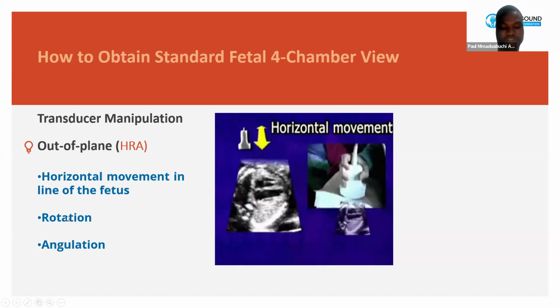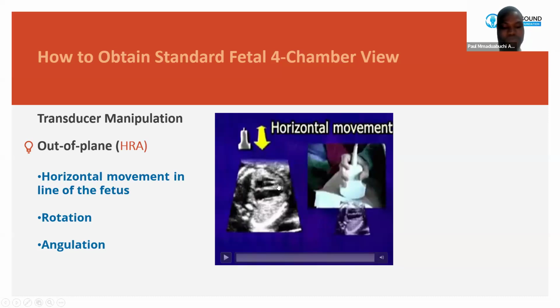When you rotate your probe, when it is on the transverse in plane and you are doing out plane, and you rotate it 90 degrees from the four chamber view, you'll be able to image the long axis or the sagittal views of the heart.